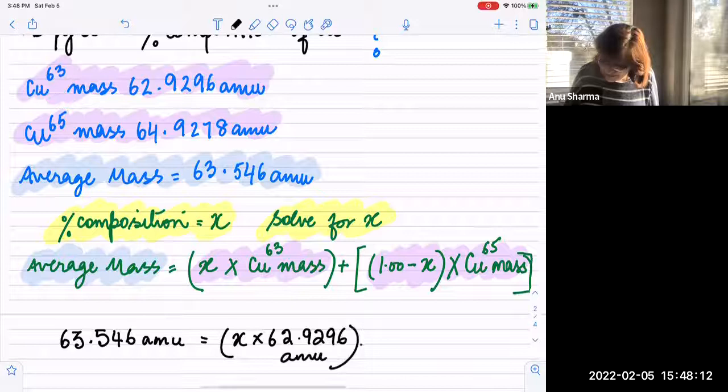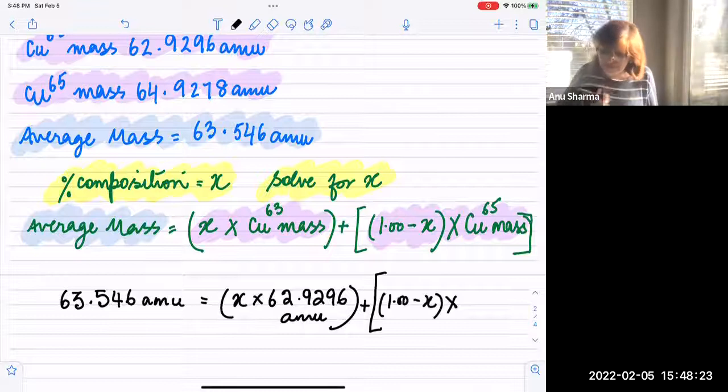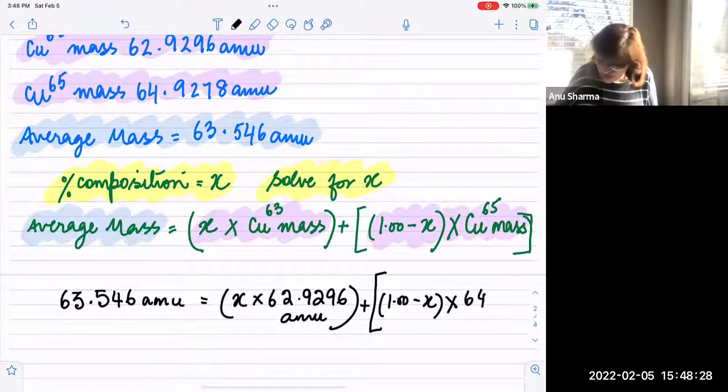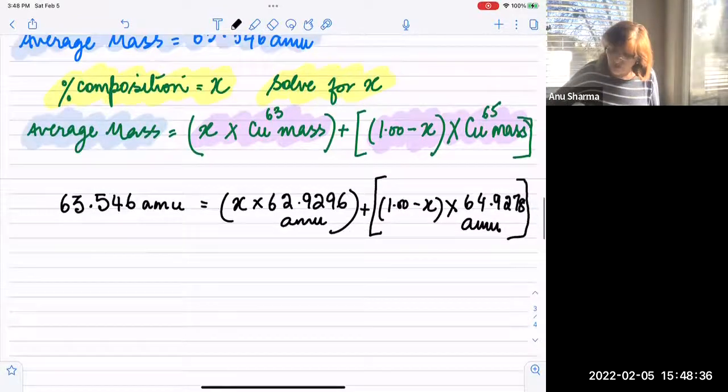This is the first one, and then 1.00 minus X times copper-65, which is 64.9278 atomic mass units. Then this closes, and now you start solving.